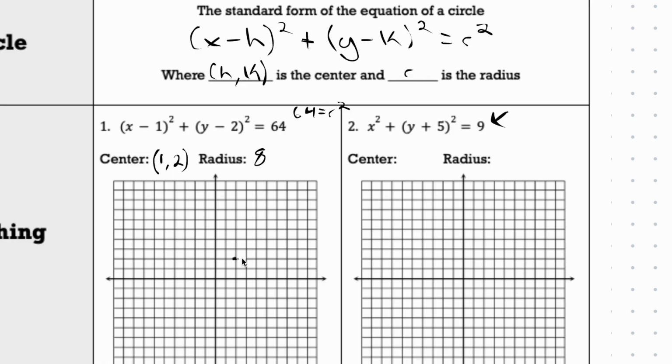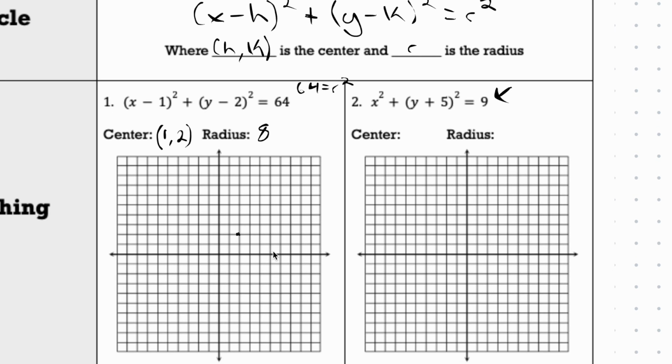So essentially what we can do is count 8 to the left, right, up, down, and create some points. So 1, 2, 3, 4, 5, 6, 7, 8. I think that's right. Let me just make sure. Yep.